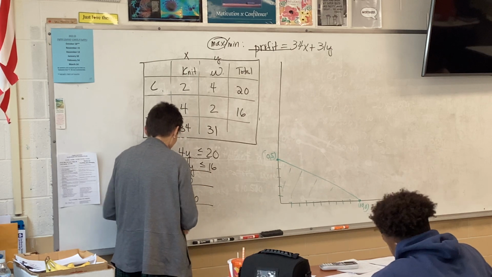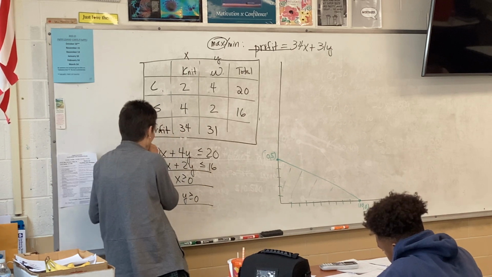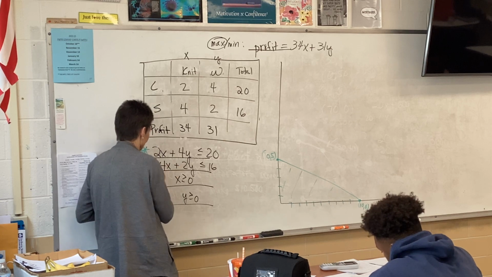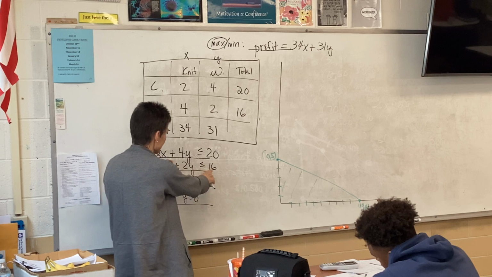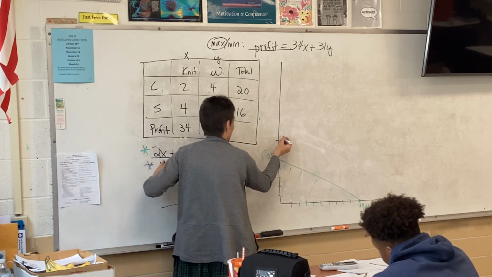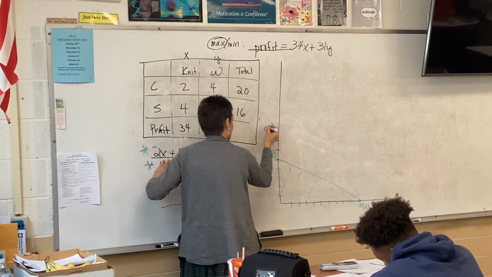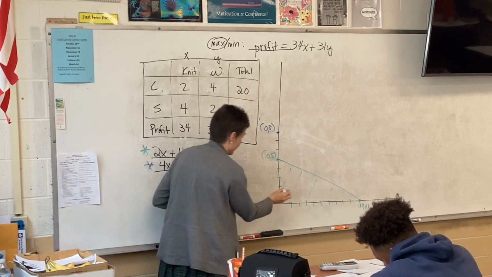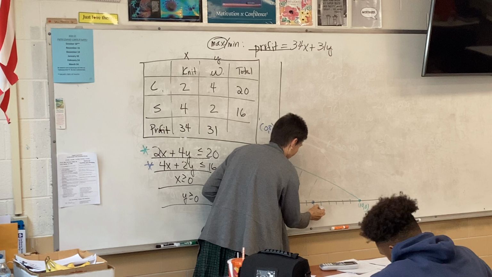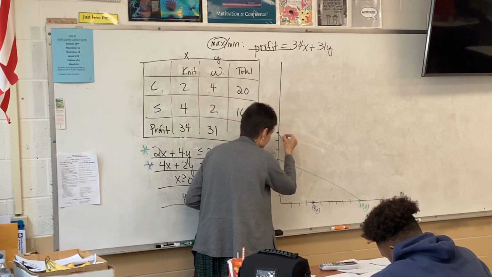All right, now I'll do my blue one. If X is 0, Y is 8. And if Y is 0, X is 4. These are easy numbers.